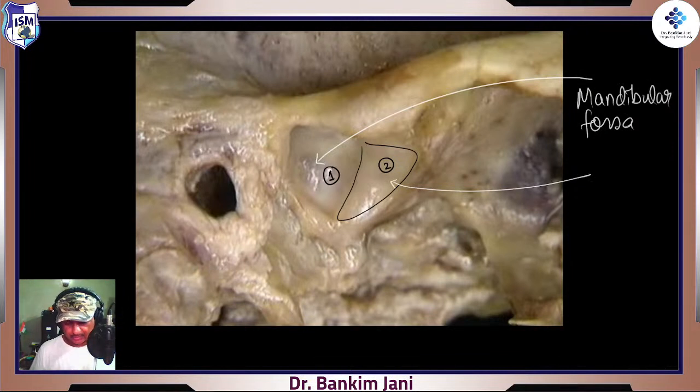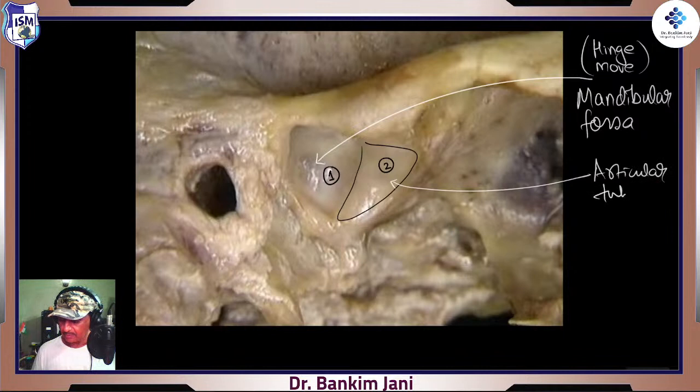So here, one would be utilized for the hinge movement, and this second one, because of that articular tubercle, would be for the gliding.